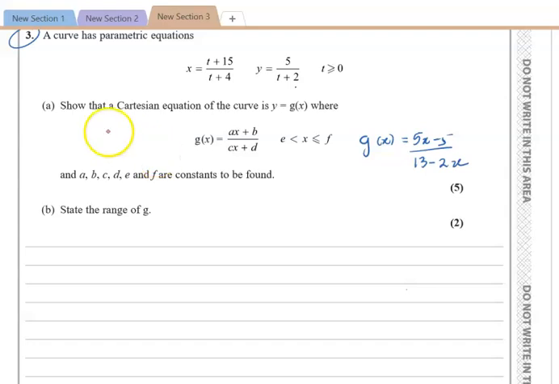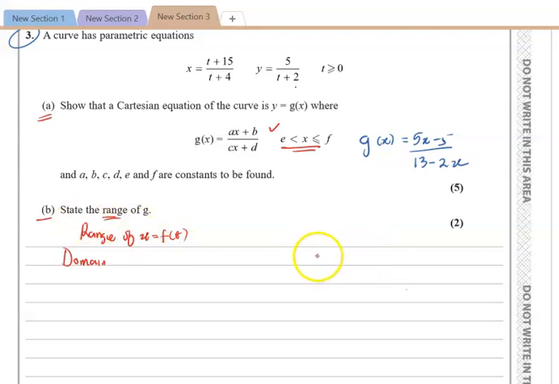All right, still on part A, we need to find the domain of this function here, and then part B, we need to find the range of that function. Now if you want to find the domain of that function, we need the range of the x values. We need the range of x, where x is a function of t.